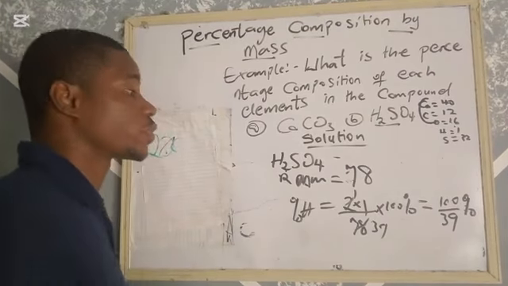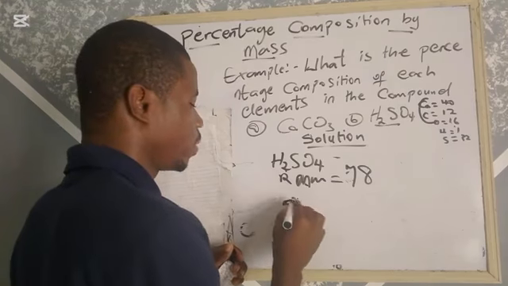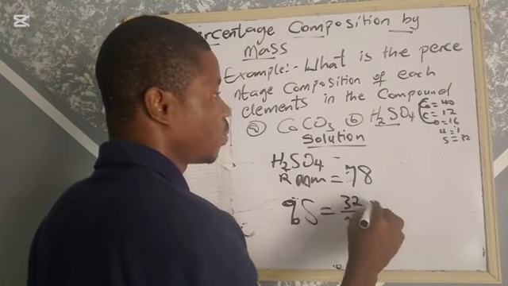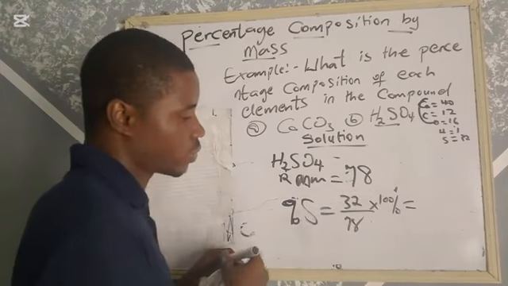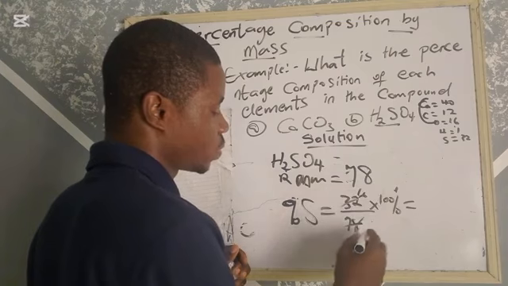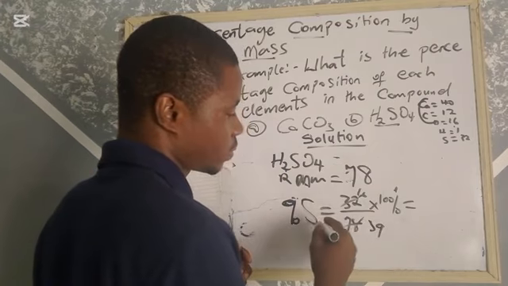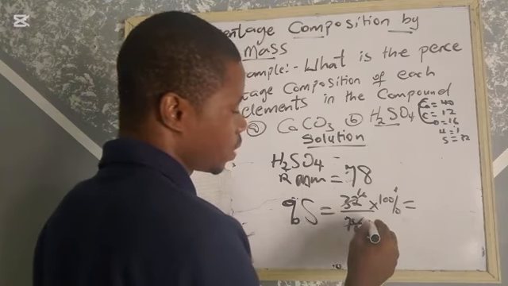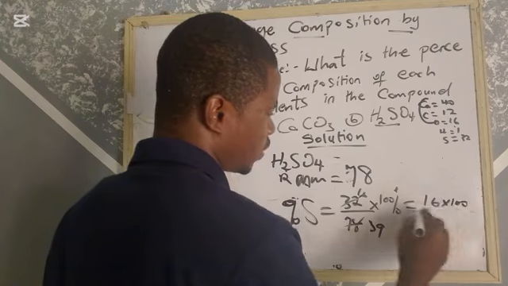What about the percentage composition of sulfur? Sulfur is 32 all over 78 multiplied by 100%. If you divide, what are we going to have? 32 over 78 simplifies to 16 over 39, so we have 16 times 100 divided by 39.